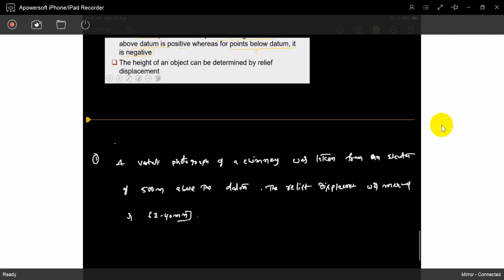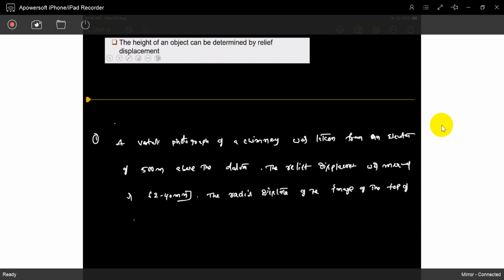Relief displacement, and the radial distance of the image of the top of the chimney from the photo center was 114.5 mm.